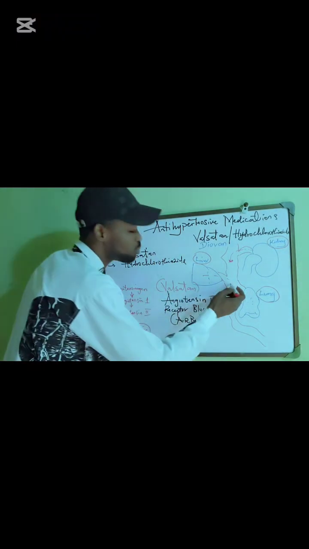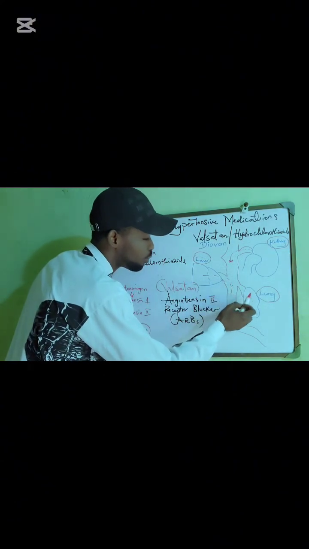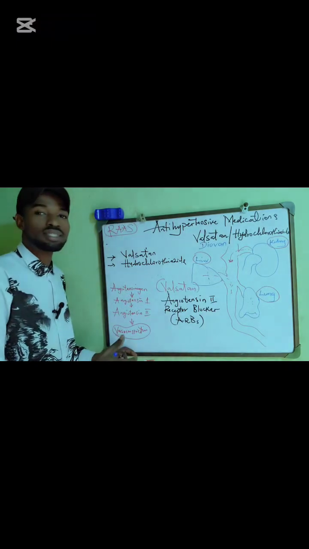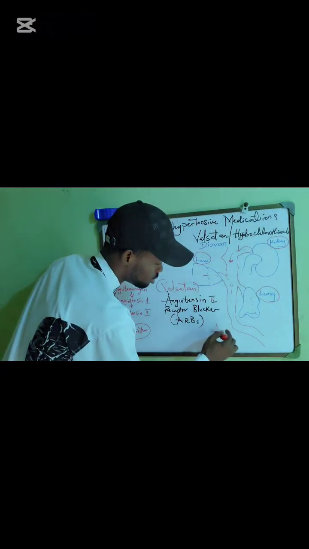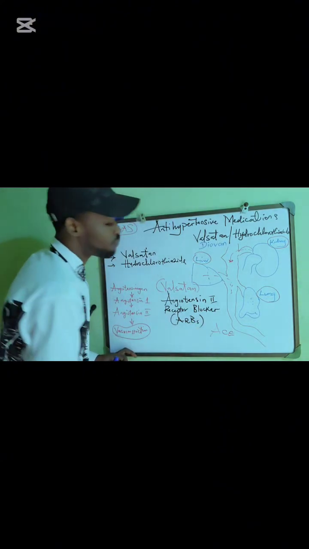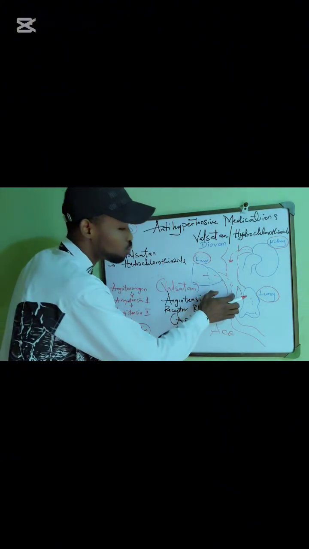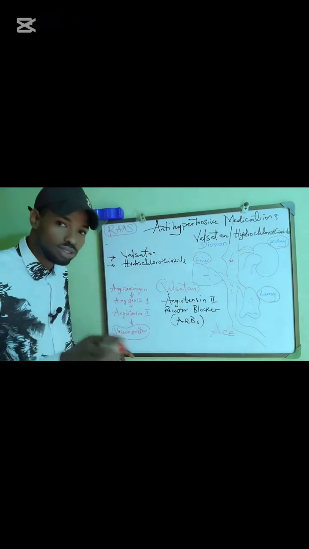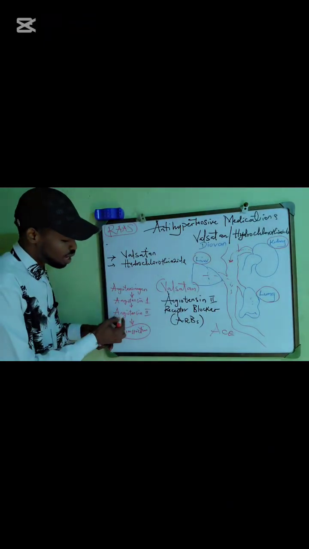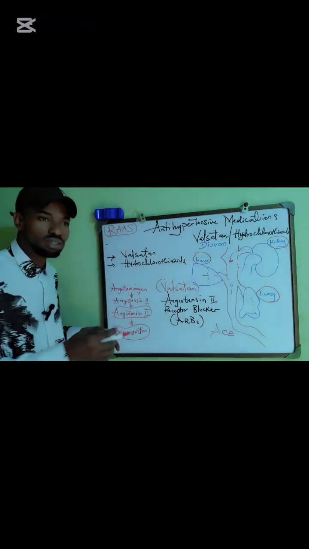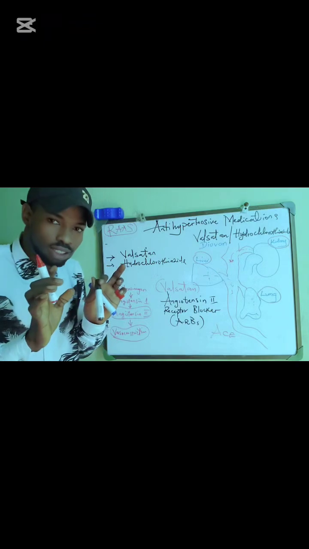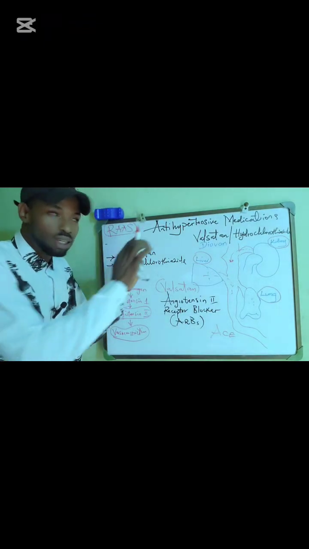As they are still moving in the bloodstream, they will go around the lungs. In the lungs, an enzyme called ACE, angiotensin converting enzyme, will further convert angiotensin 1 into angiotensin 2, which is the main active form, where it acts on the blood vessels and begins to constrict them. That is what angiotensin 2 is coming to do.